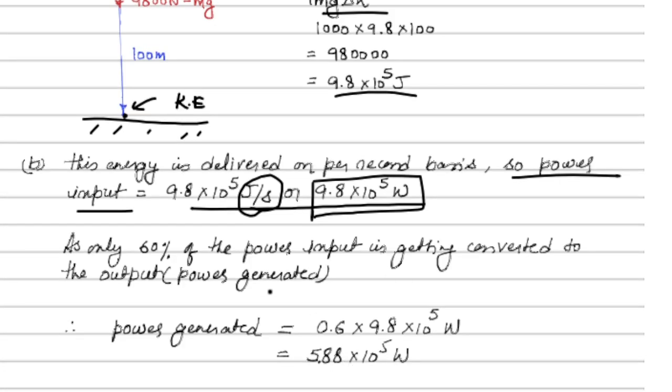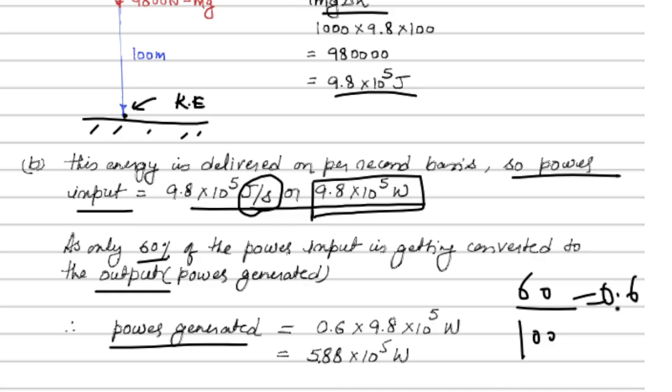Now let's talk about the efficiency of our generator. Only 60% of the power input is getting converted into output, or power we are able to generate. So the power generated will be 0.6, right? That is what the 60% means. 60 divided by 100, you can think of it like that, and then it will come eventually to 0.6.